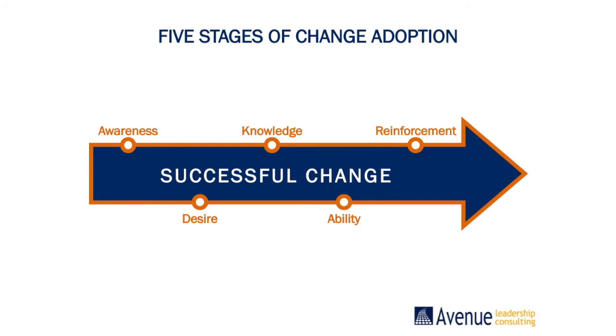For ability, people are asking themselves, do I have the ability to implement the change? Are they aware of when you have achieved the desired change in performance or behavior? And has there been enough time to develop new abilities and behaviors with proficiency? Finally, for reinforcement, what actions will decrease the likelihood of reverting to old behaviors? Are there incentives or consequences for not continuing to act in the new way?